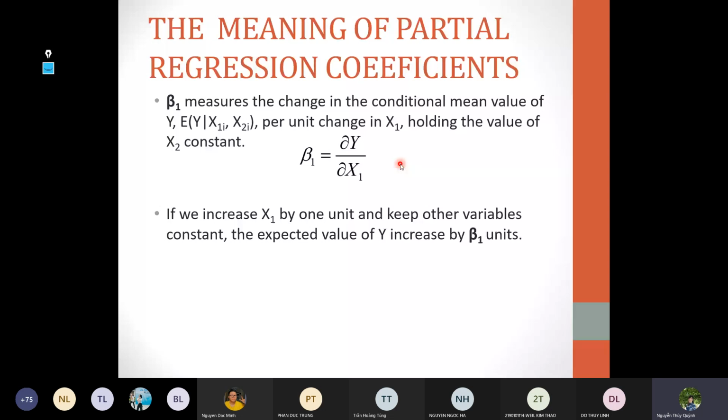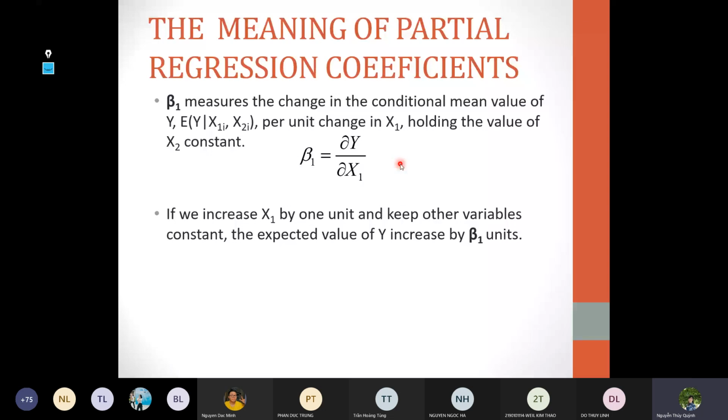That is the meaning of the partial regression coefficient. It's different from the two variable regression model, which has only one independent variable, but a multiple regression model has many independent variables.